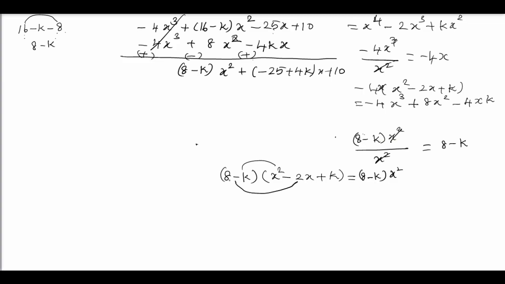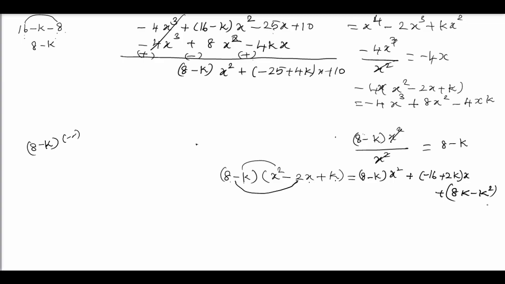The next term is 8 minus k into minus 2x. So you can multiply this minus 2 inside. That is 8 minus k into minus 2. So that you get plus minus 16 plus 2k into x. And then k into 8 minus k, that will be plus 8k minus k square.